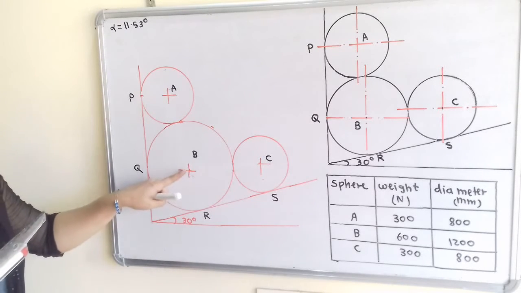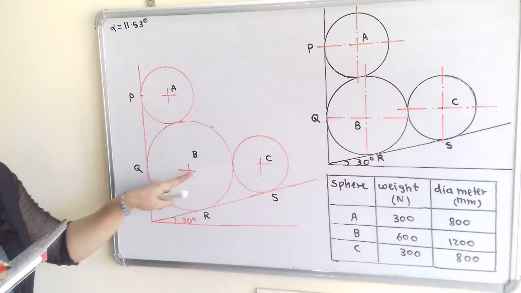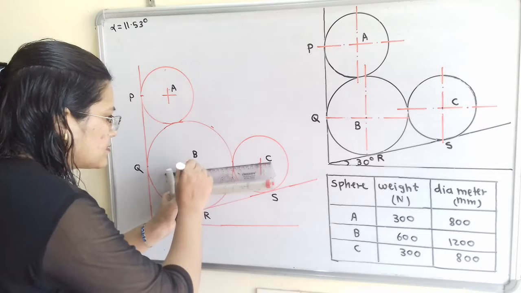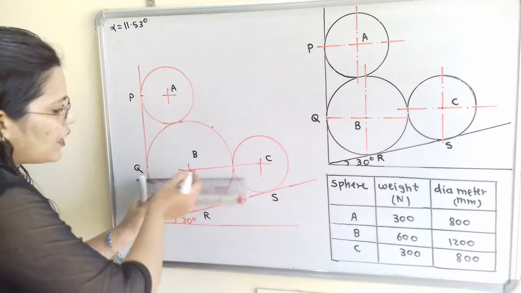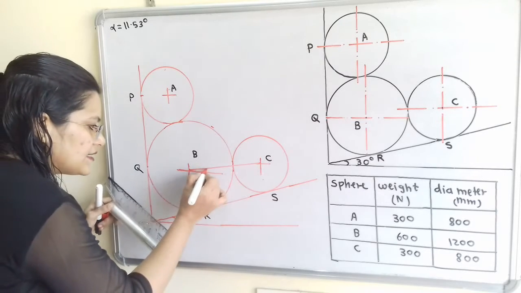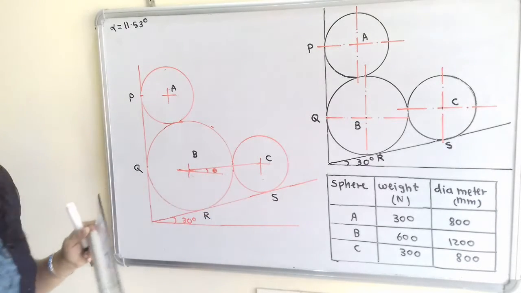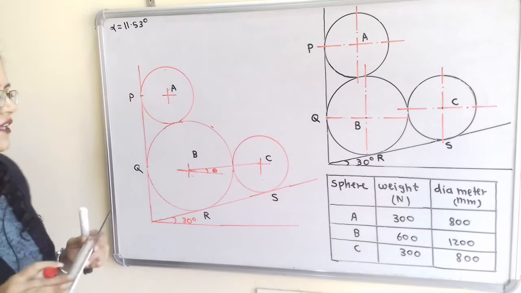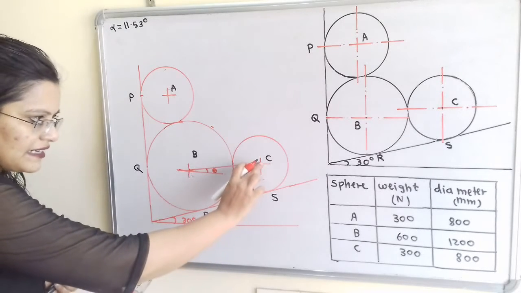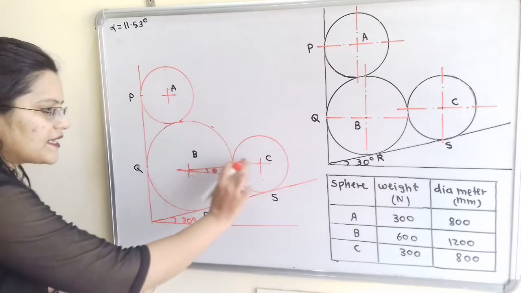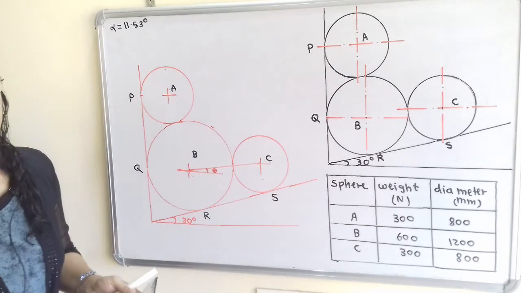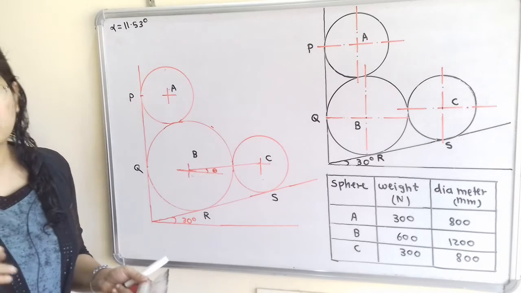Now we will find out the angle of inclination of the line joining the centers B and C. So first we will join these two centers. And now if I draw one horizontal line passing through center B, then here is the angle theta, and that we have to find out. Now we will make one construction here. We will draw one inclined line passing through center B as well as center C, which is parallel to this inclined line, which is inclined at 30 degrees to the horizontal.